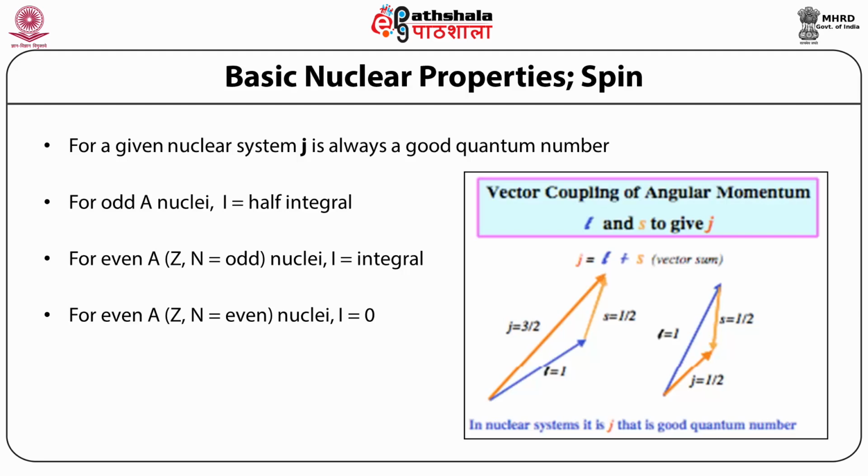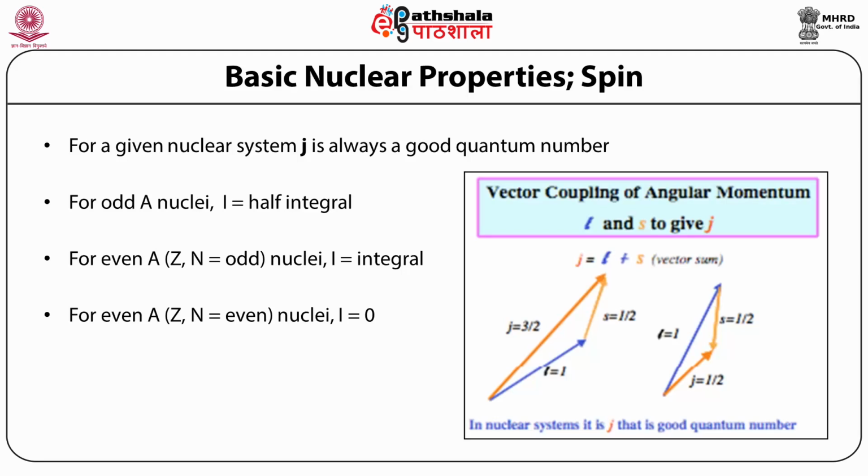So when we talk about the total spin of the nucleus, the total angular momentum of the nucleus is nothing but the vector sum of the orbital angular momentum plus the spin angular momentum. In the picture on the left hand side, the vector coupling of angular momentum L and S is given. In the first picture, you can see that L is equal to 1 and S is equal to half.